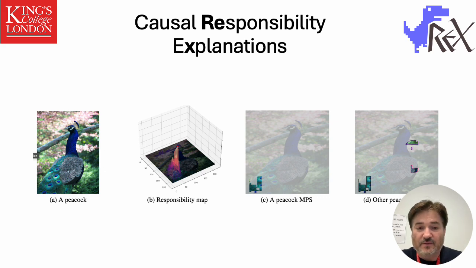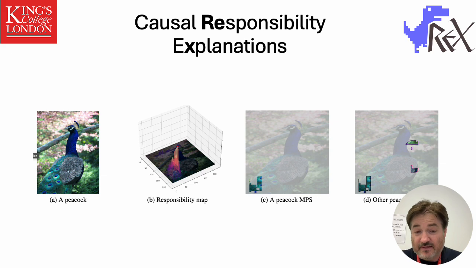We then use what is called causal responsibility, which is a quantification of causality, to create a saliency landscape. And from this saliency landscape, we discover pixel sets, which we call MPSs. So in image C, you can see that it only needs a tiny bit of the peacock's tail for the rest of the image to be considered peacock.